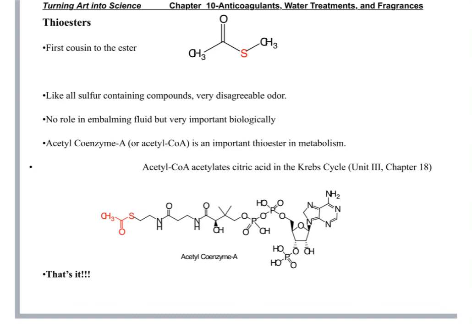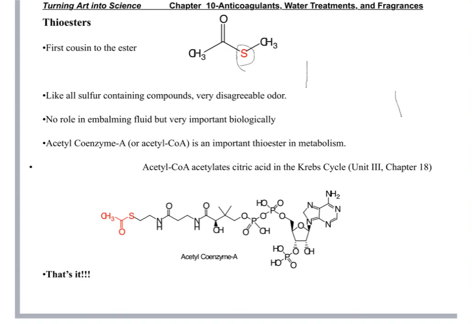So here we have a thioester. It's the first cousin to the ester. Like all sulfur-containing compounds, it has a very disagreeable odor. Most sulfur compounds have a very distinct odor.